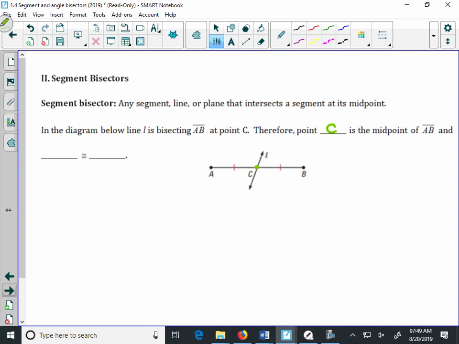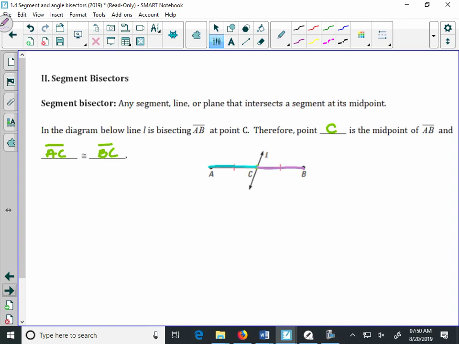It's going right through the middle. What two things are congruent? Yeah, AC and BC are then congruent because you're cutting it in half. So these two segments are congruent. Those two are congruent because you're cutting it in half.